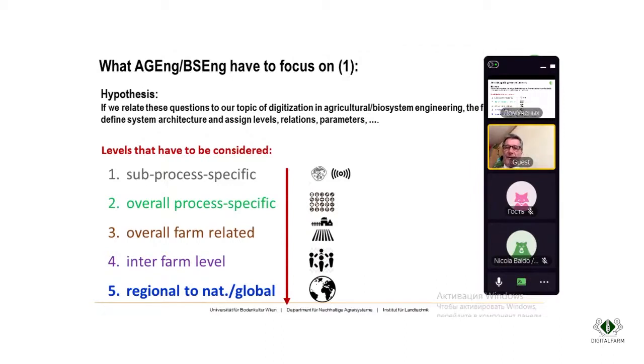And with all this information from these different levels, we will be connected online regarding weather, regarding people, taking information directly from animals or from plants. Information from machinery, also from the logistics, post-harvest processing, and so on, in the food design.